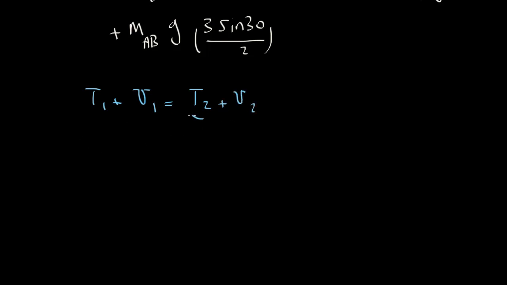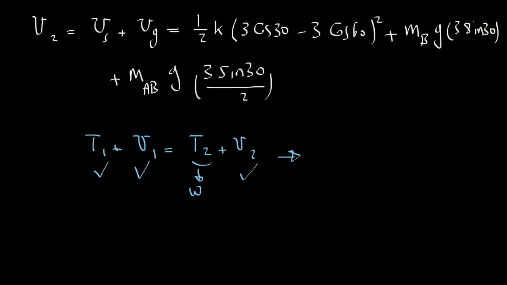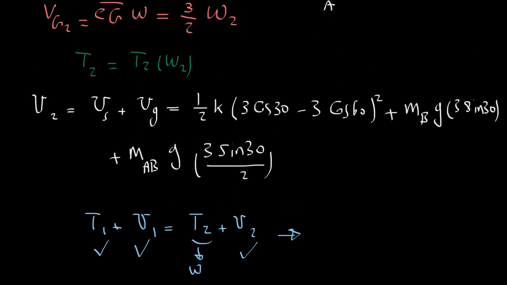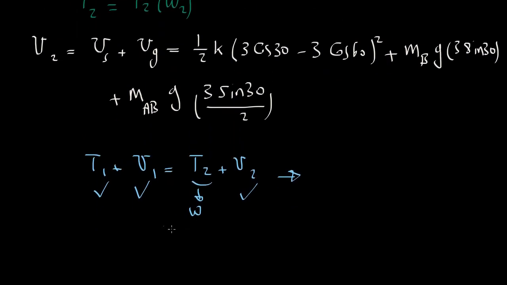And we saw that T2 is a function of omega. So this quantity is known, this quantity is also known, and there is one unknown in this term, and that is omega. If we substitute all the numbers, which I leave to you guys, we should be able to find omega.